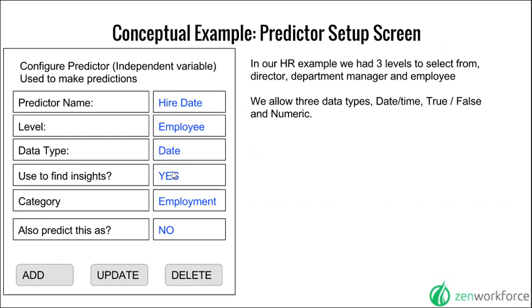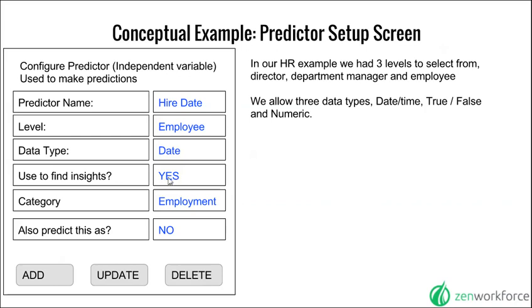And also, when you do this, what you're saying is not only do I want to use it in analytics, but if you hit no, then you can't use it in analytics. So what would it be used for? Well, it can only be used at that point to be a report selector, to limit data in a report. Show me everything with a hire date between this date and that date, and do my analytics and reporting based upon that range of dates.